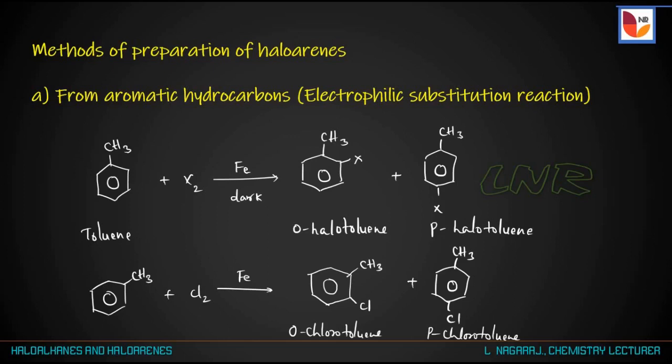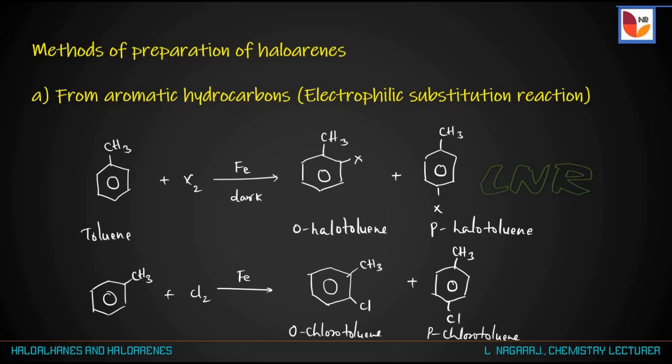Iodination is a reversible reaction. The product HI is a good reducing agent which reduces the haloarenes back to hydrocarbons. Hence, the HI formed during the reaction is removed by adding an oxidizing agent like HNO3 or HIO3.